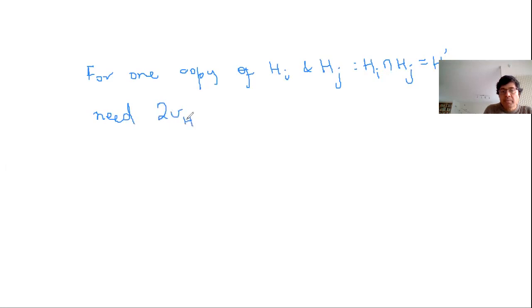So we need VH vertices for HI, VH for HJ, but VH prime, the number of vertices of H prime, are common to both, so we subtract that. So we need this many vertices in total to have this pattern hi and hj intersecting in h prime.